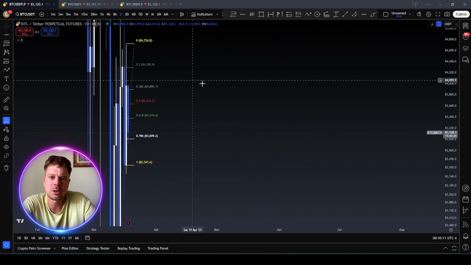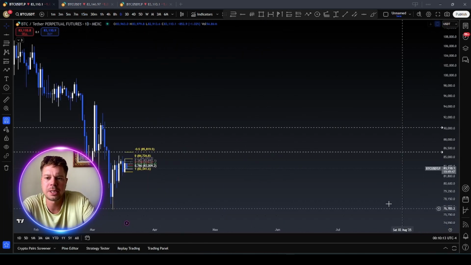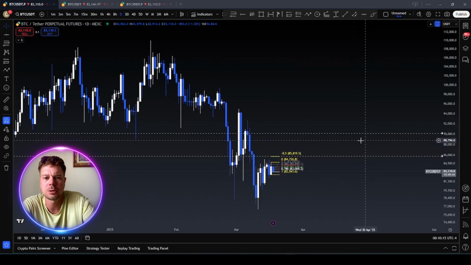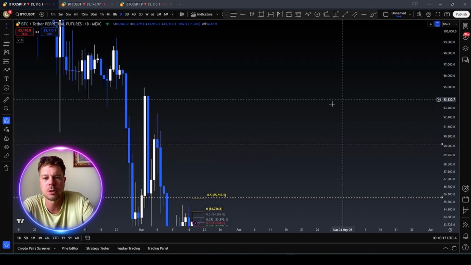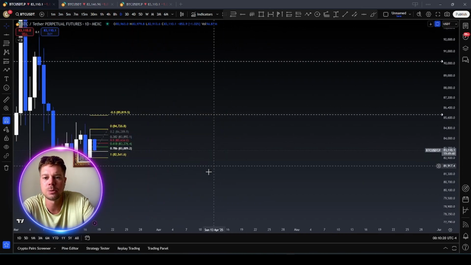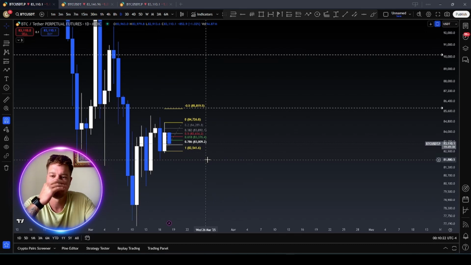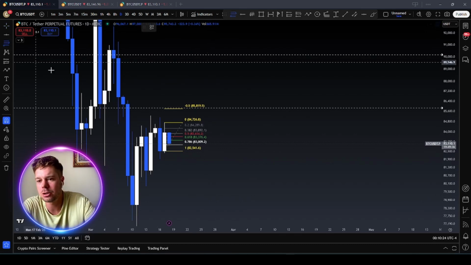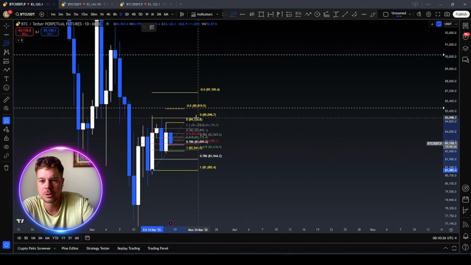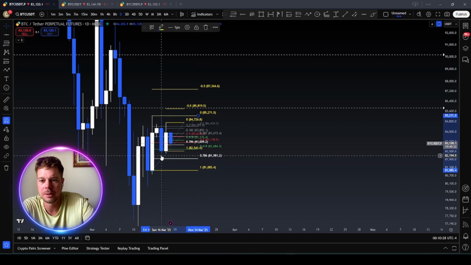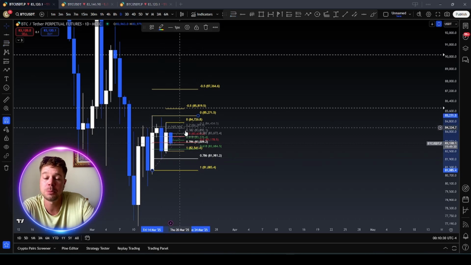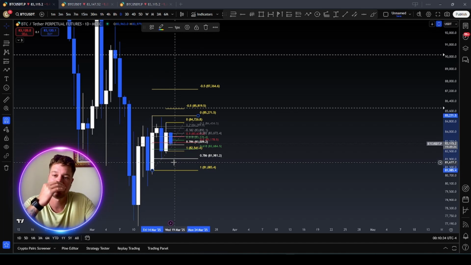So let's go to the daily again, because I want to show you guys some critical support levels. So I showed you one already, and this one we retraced. That's the 786. But there's also another one, right? And we retraced this one already. But there's a possibility that we retest it for the second time to come for sell side liquidity, right?